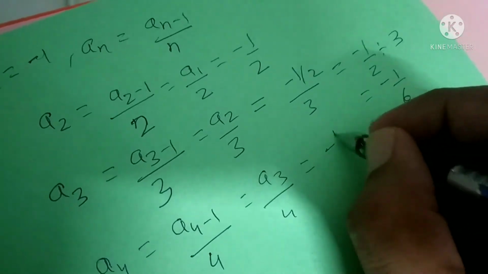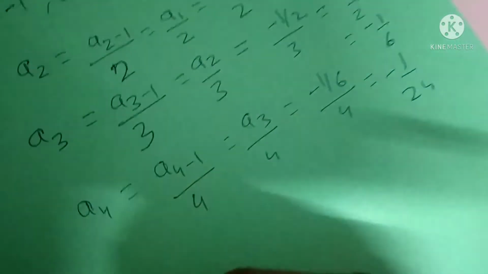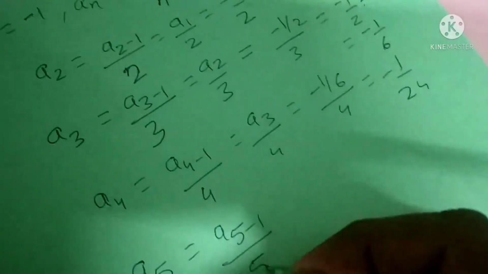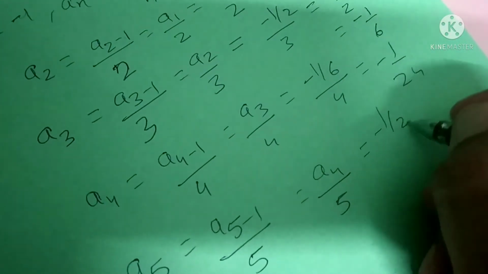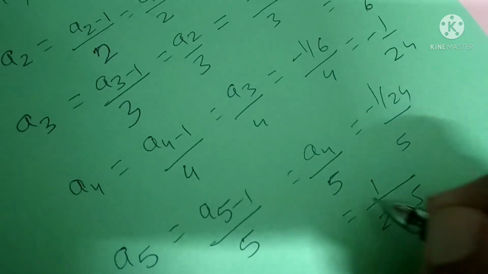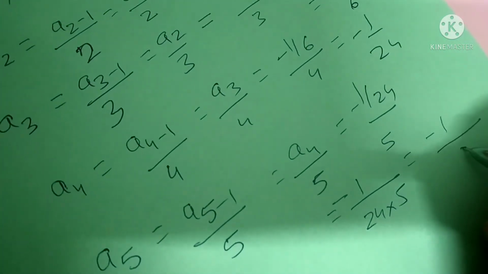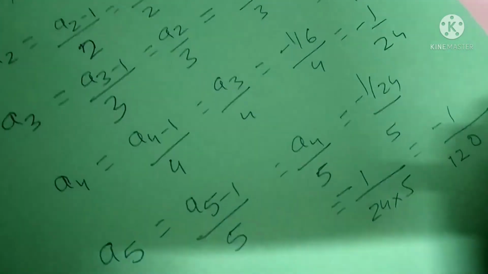So this is equal to minus 1 by 6 divided by 4, equal to minus 1 by 24. So this way you can find out a5 also. a5 is equal to a_(5 minus 1) divided by 5, so a4 divided by 5. So this is equal to minus 1 by 24 divided by 5, which is minus 1 by 120. So this is the 12th question solved here.